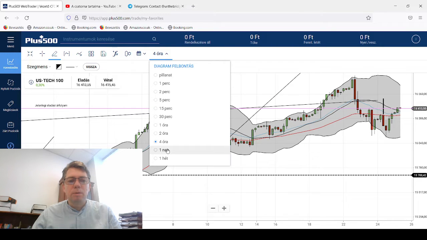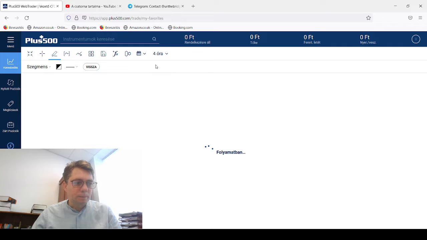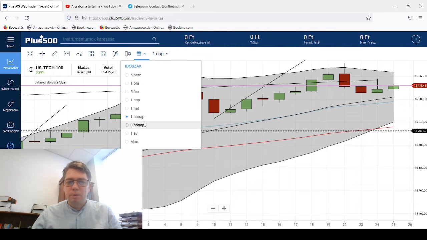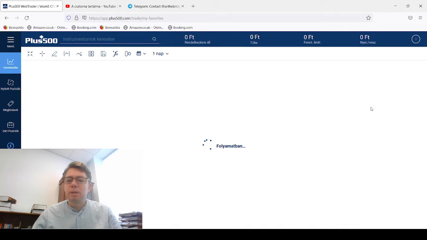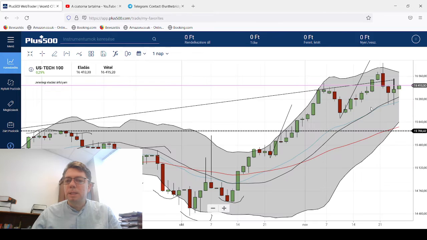Going over to the daily chart on Nasdaq, let's see what's happening there. On the daily chart, what we see is that we came back to the 20-day EMA and bounced back up. That's very bullish.